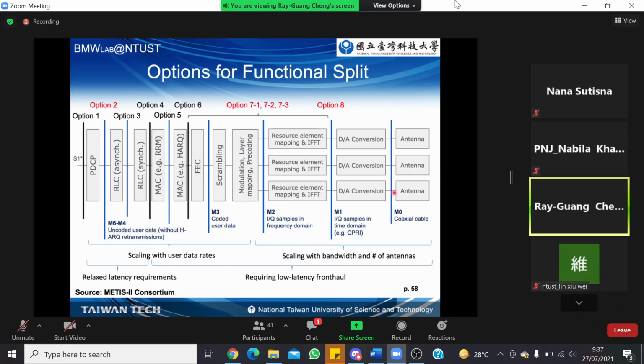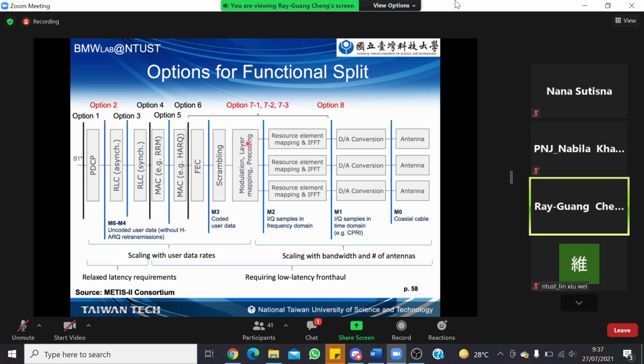Professor Nana already introduced, when you want to transmit, you will have protocol. Then you will go to FEC, channel coding. Then to prevent burst error, you will scramble the packet. Then you can do modulation, layer mapping.